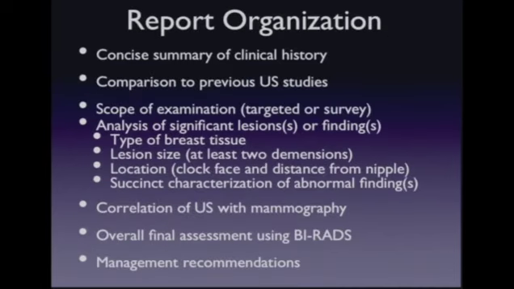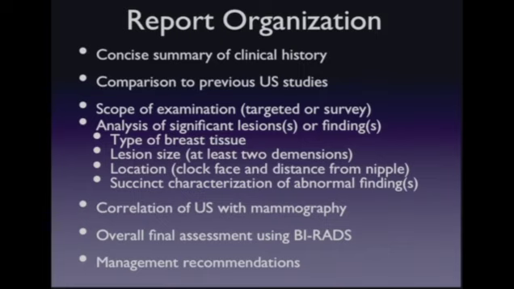Your report should give a concise summary of the clinical history and comparison to previous ultrasound examinations. You should tell the scope of the exam, if it was a targeted exam or a survey exam. And you want analysis of significant lesions or findings. You want to say the type of breast tissue, lesion size given in at least 2 dimensions, and the location.